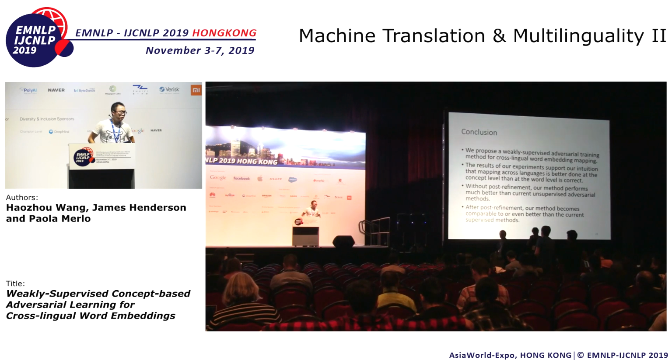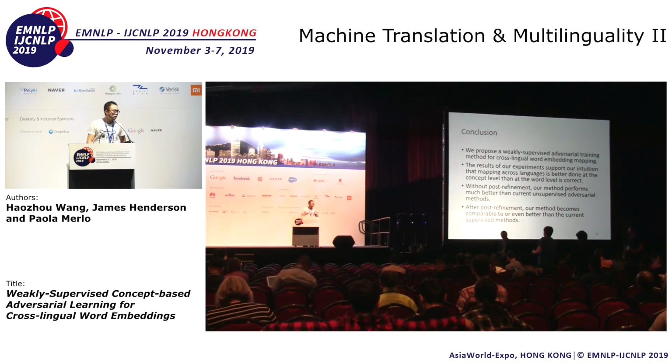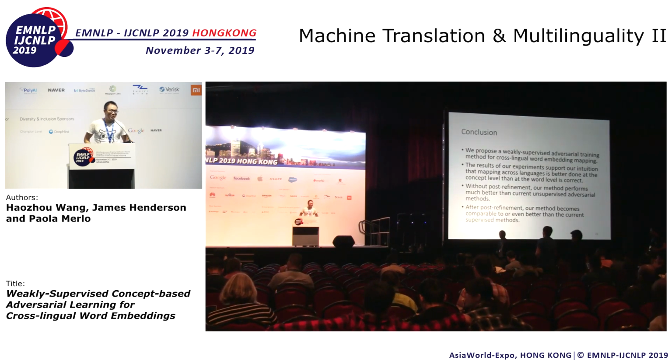So if I ran GIZA on parallel corpora for Chinese-English, how would I compare on bilingual lexicon induction? Sorry, I can't get it. If I just ran word alignment on parallel corpora that's plentiful for German, how would I compare? Sorry, I can't get what you want. Can you explain again?